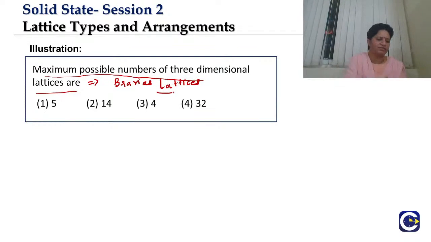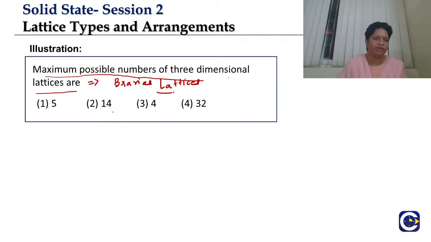How many Bravais lattices are there? The crystal systems are 7. What are the different Bravais lattices? Mind the question: maximum possible number of 3-dimensional lattices.